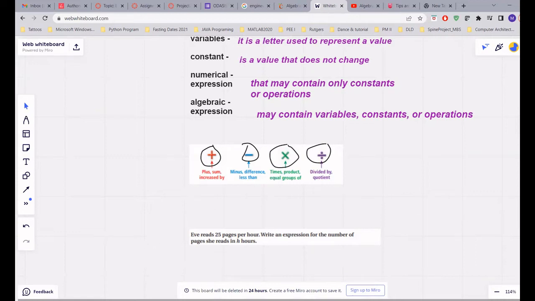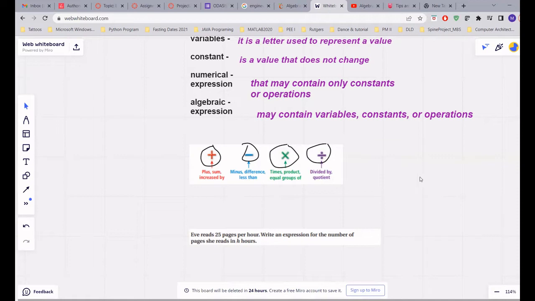Well, as you may know, algebra is not theory, it's more of practicing problems and solving equations. So now let's practice how to translate an algebraic symbol to words.